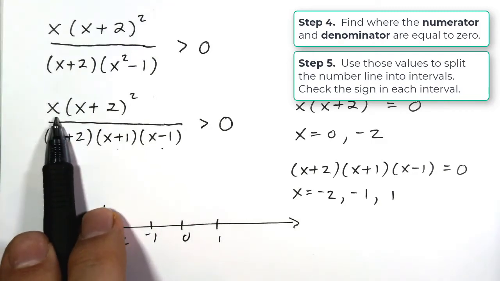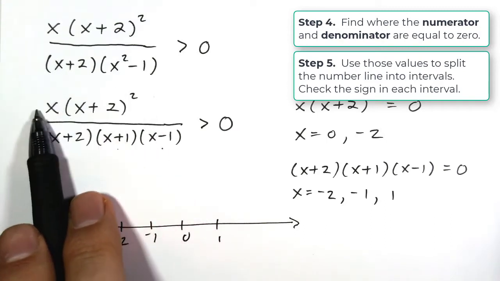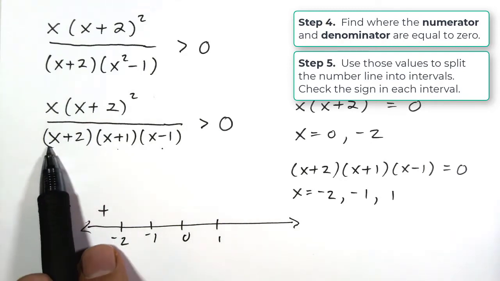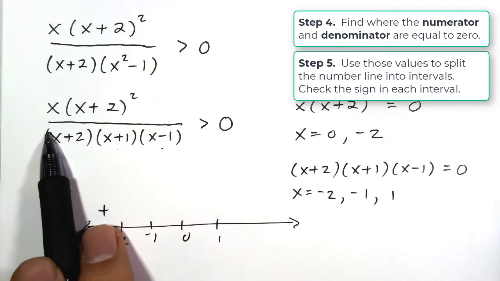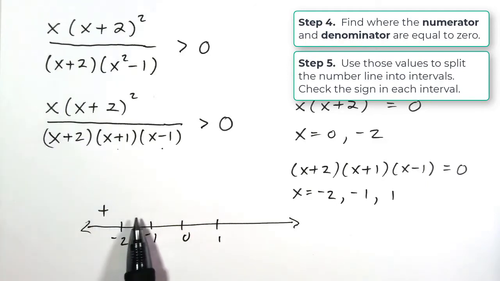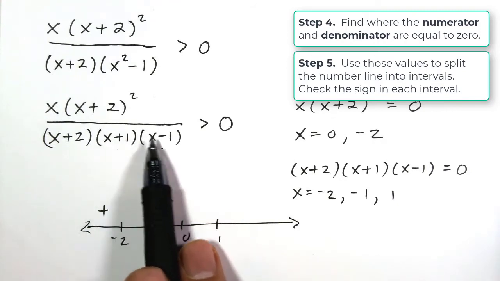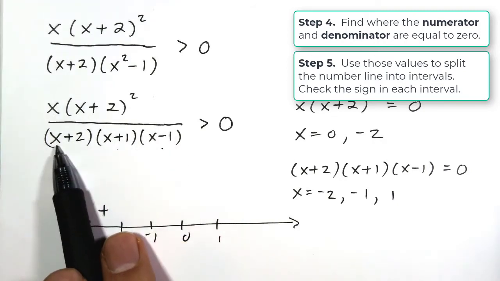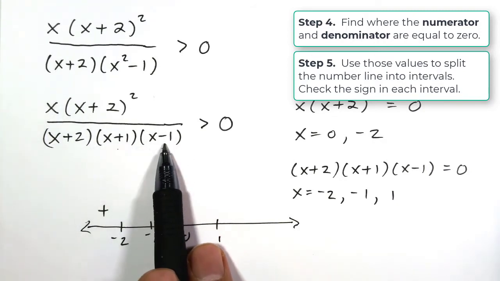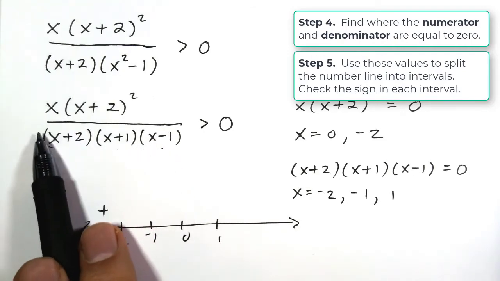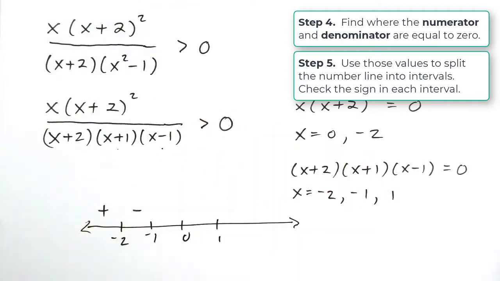Well, this is negative, and this will be positive, so the numerator is negative. What about the denominator? If I'm greater than -2, this term is positive, but I'm less than -1, so this one is negative, and this one's negative. Positive times negative times negative is a positive. So I have a negative divided by a positive. That means we're negative.